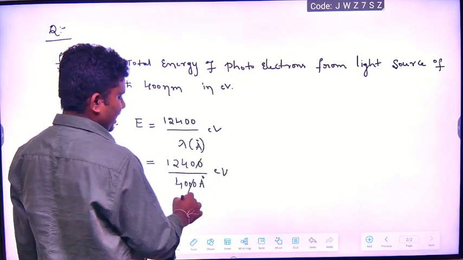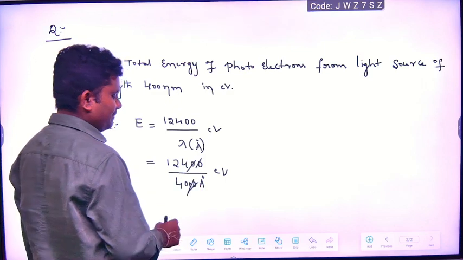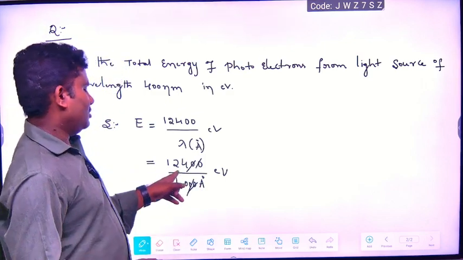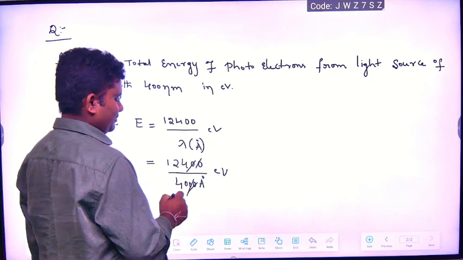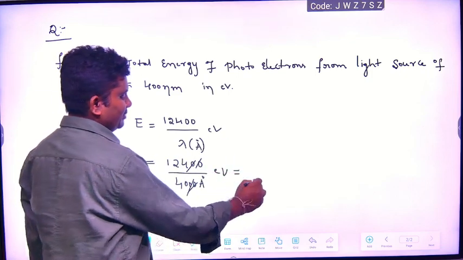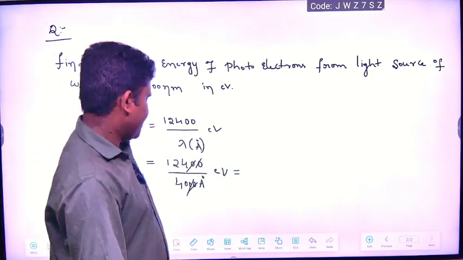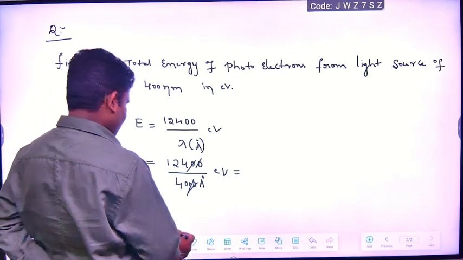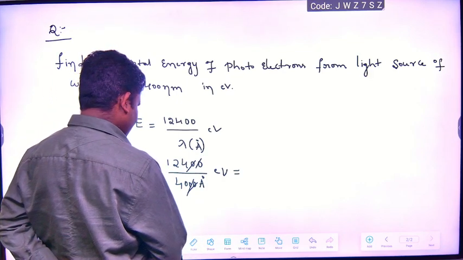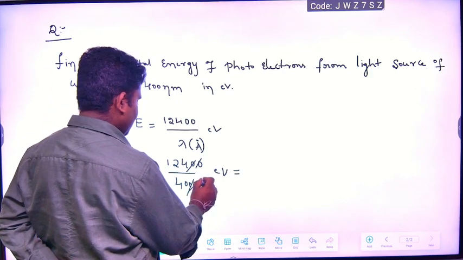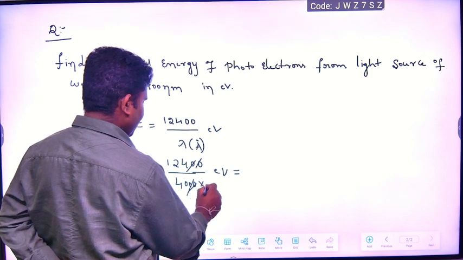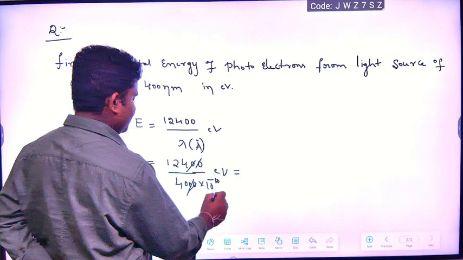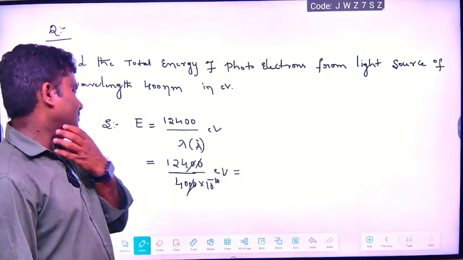This 0 cancels. Now 124 divided by 40. How much is the answer? That is the final answer. Now, angstrom means it is into 10 to the power of minus 10. 4000 into 10 to the power of minus 10. Don't make confusion.